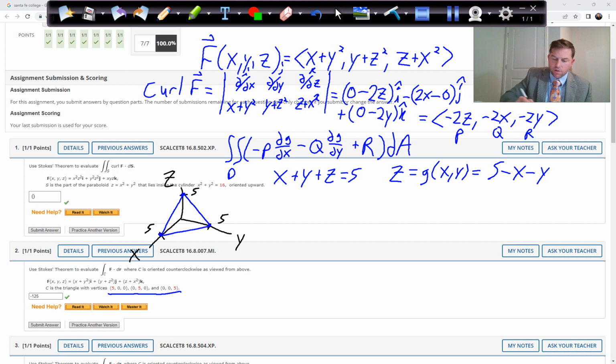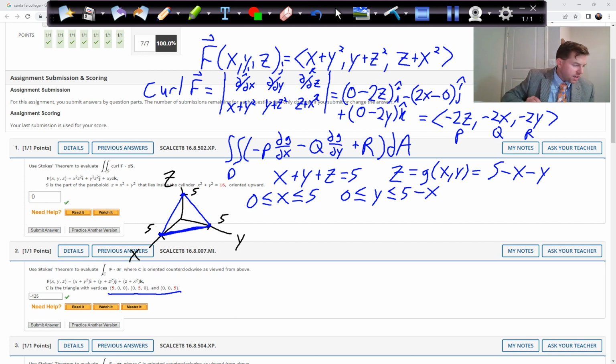And we can also see that x should be bound by 0 to 5, and just like a similar problem in 2 dimensions when z is 0, y is governed by 0 and this line right here in the xy plane, which is described by 5 minus x.